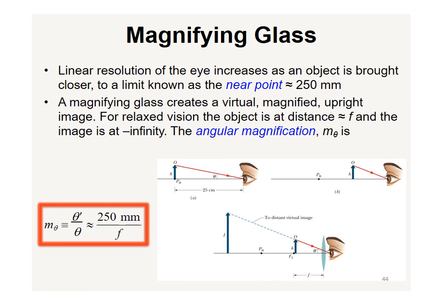Your near point is about 25 centimeters from your eye for normal eyesight. In this case, you can see with the magnifying glass in place, we are now able to put the object a distance that is less than 25 centimeters away from the eye.